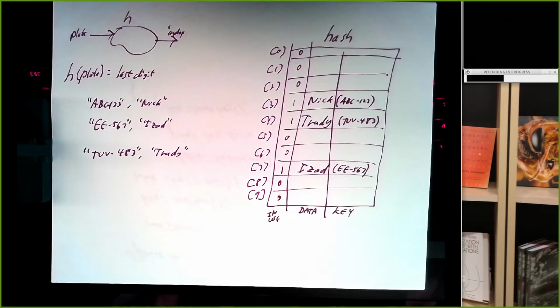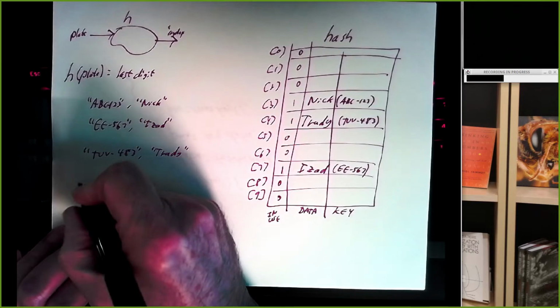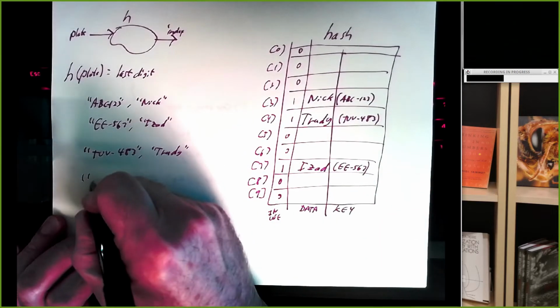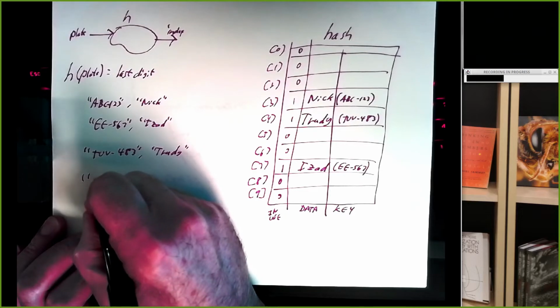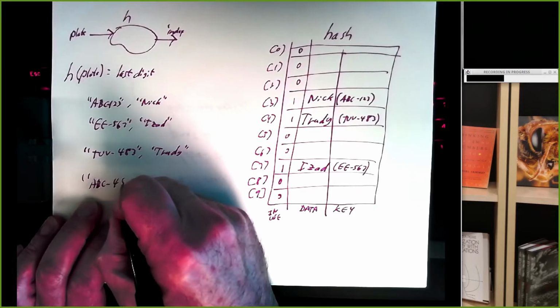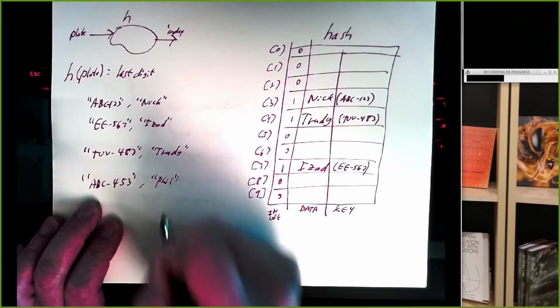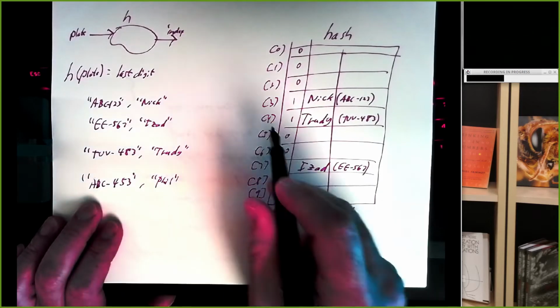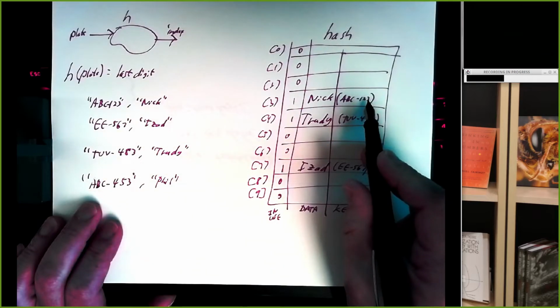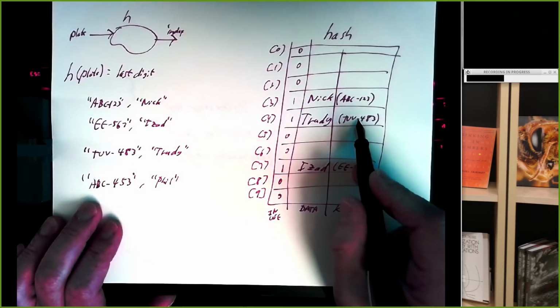All right, so there's a collision, and this can get worse, right? So you know, ABC 453, and that's Phil. And so we look at the 3, and that should hash over here. Well, that spot's in use, so we can't store Phil there. We check the next location, that's in use.